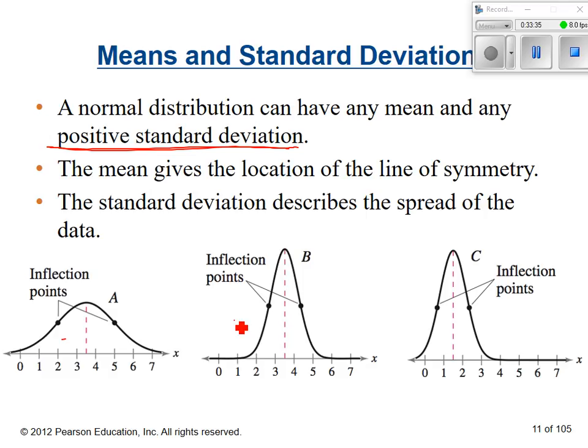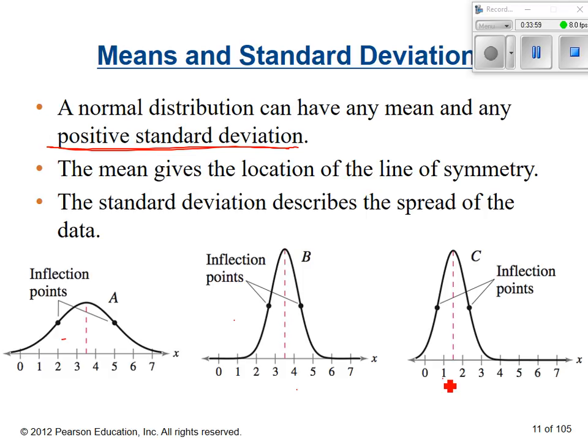What do you notice on these two? They're the same, except for the means. The means are different, aren't they? So the standard deviations are the same on those two, but the means are in different locations. So if you change the mean, the curve's still going to look the same, but it's going to be slid one way or the other.